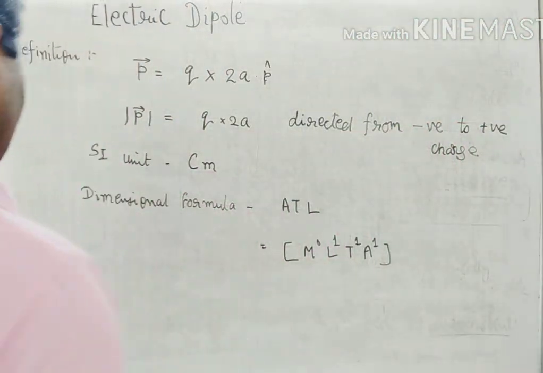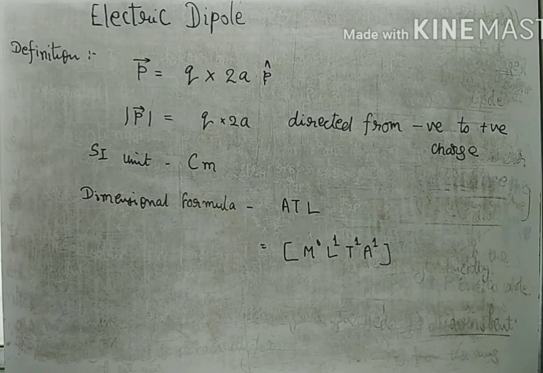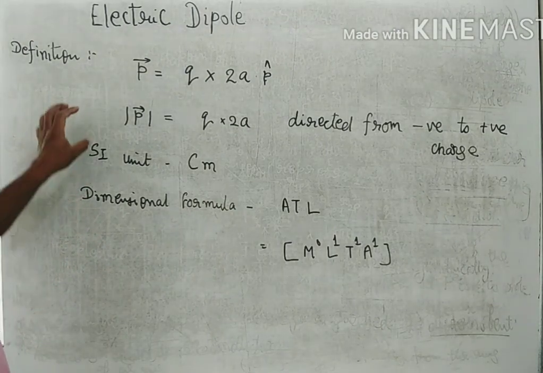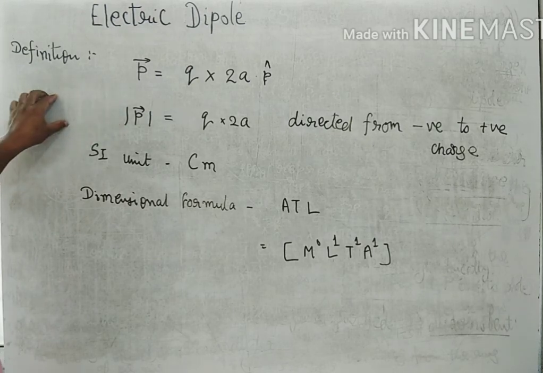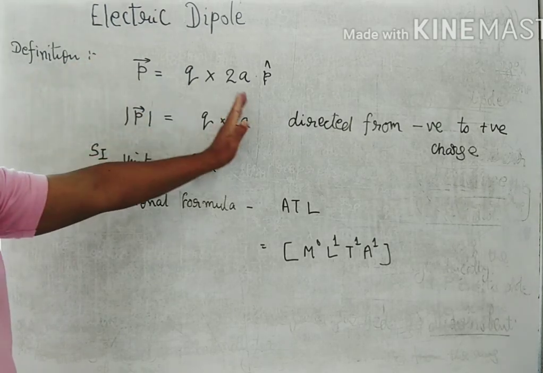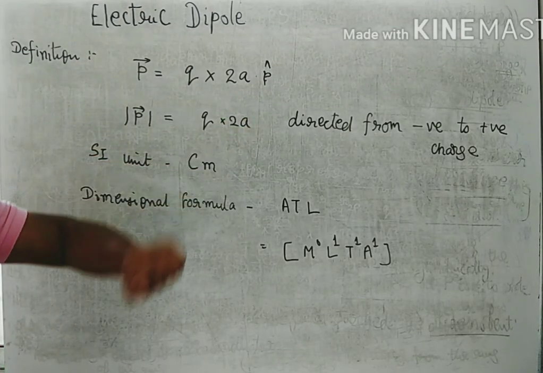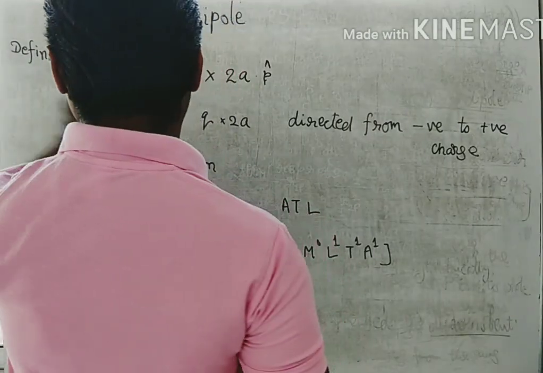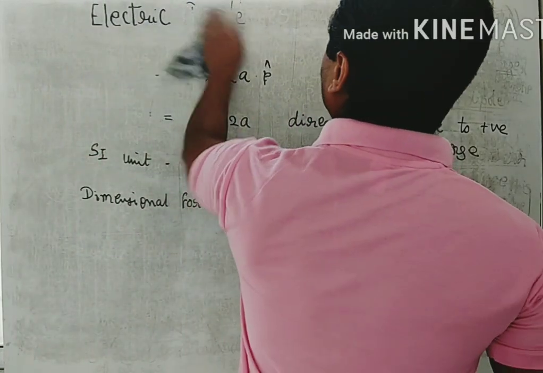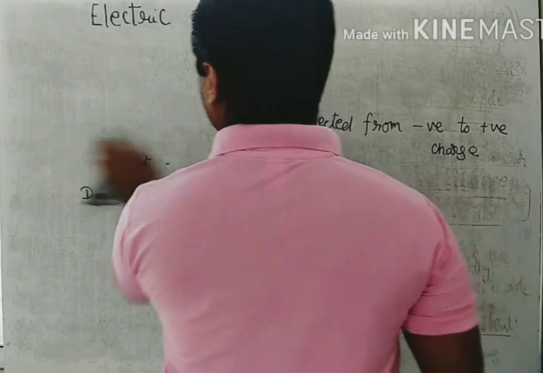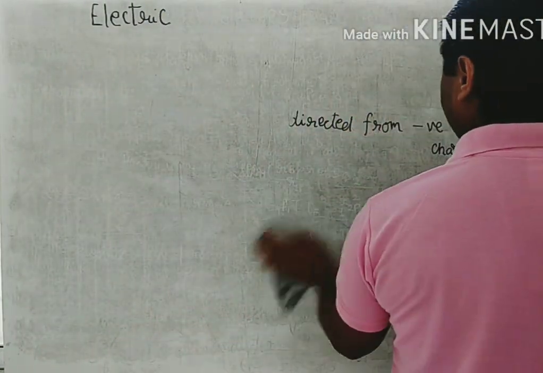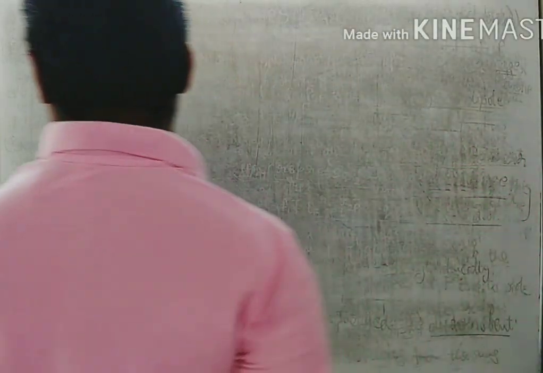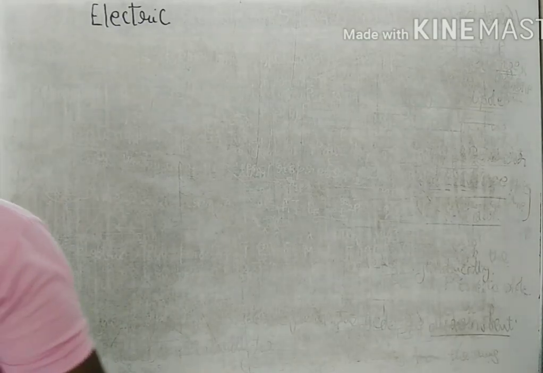Now the next topic is electric field produced by this dipole at a point situated on the axis of the dipole. So let's have the next topic with us now. Electric field produced by an electric dipole at a point on its axis.